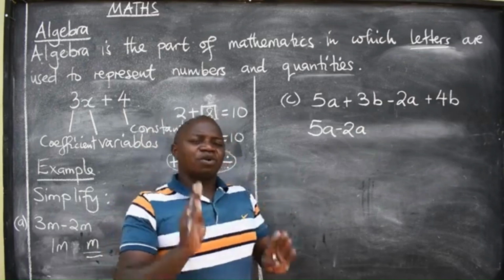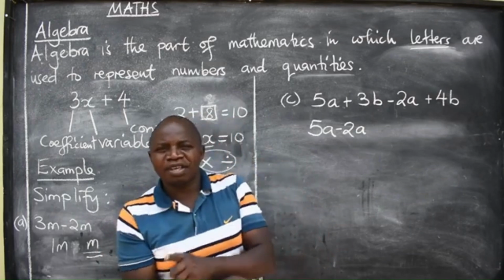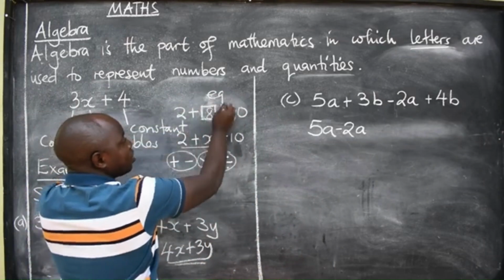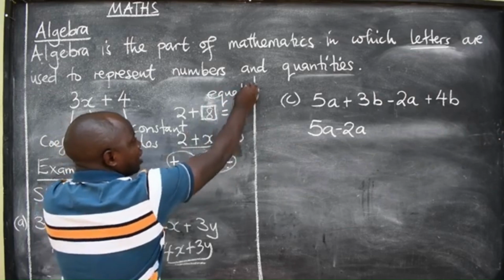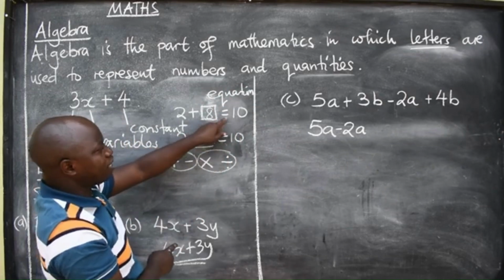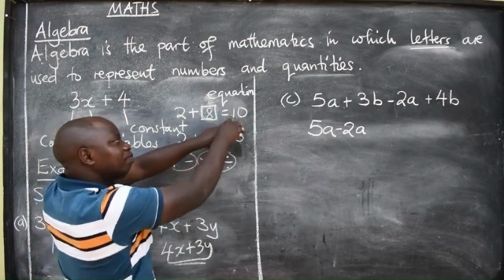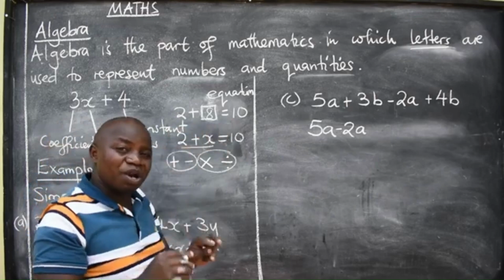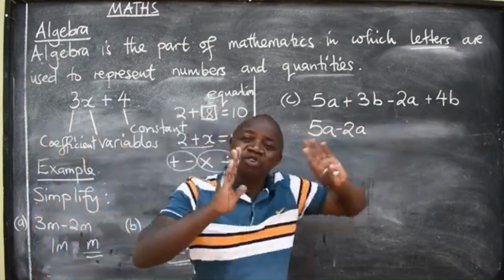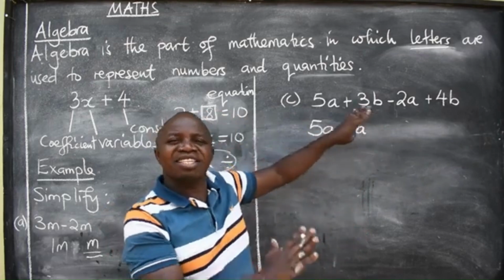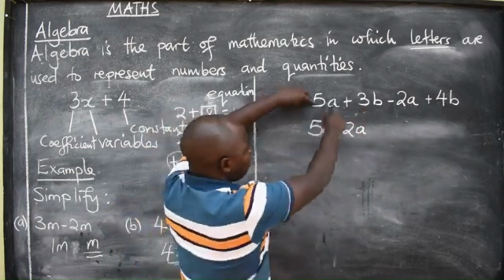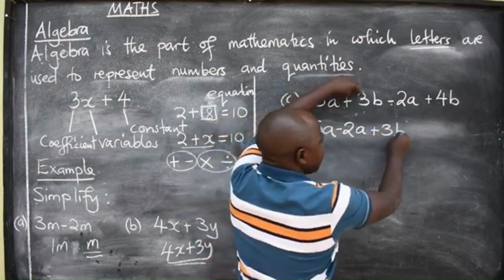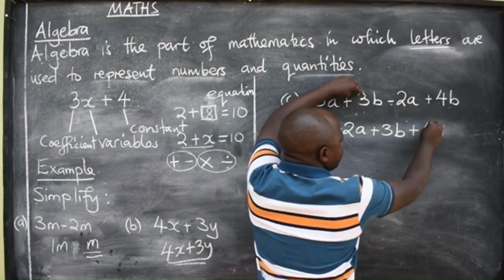Only apply that concept of swapping the signs when you are dealing with equations, when it has got an equal sign. For example, if this is positive 10, when it crosses the equal sign, it becomes negative 10. That is where we apply. Not here. You write the signs the way you are seeing them. So 5a minus 2a, then plus 3b, the other pair is here, plus 4b.